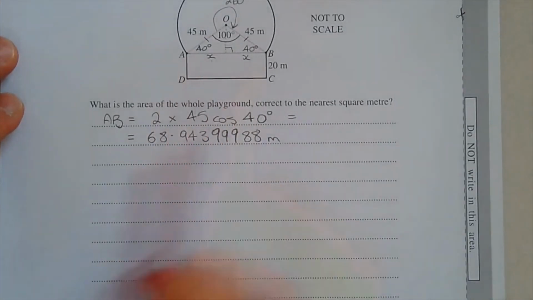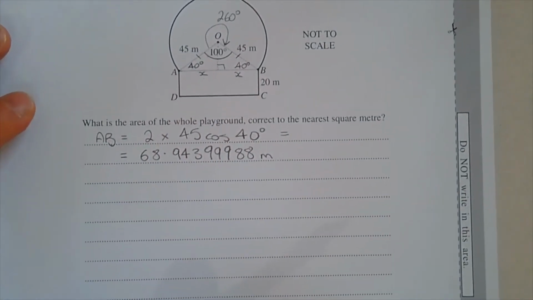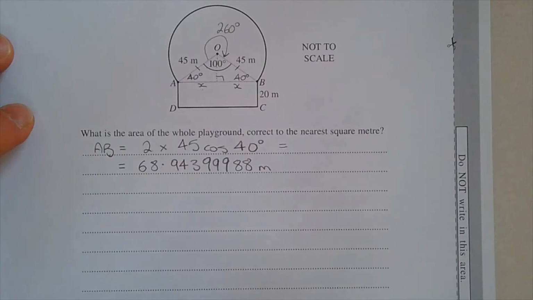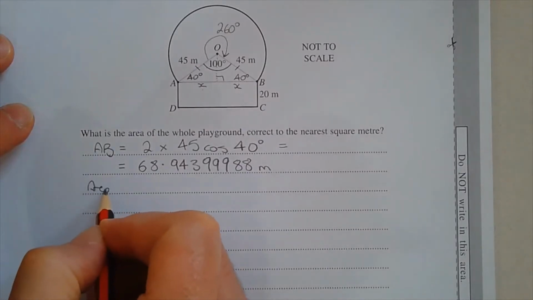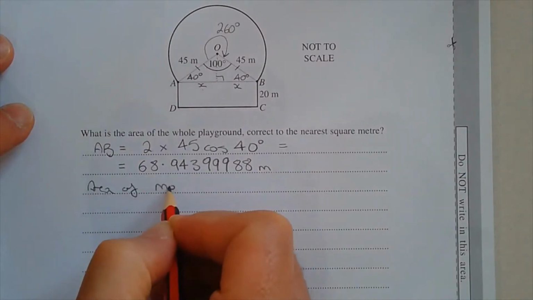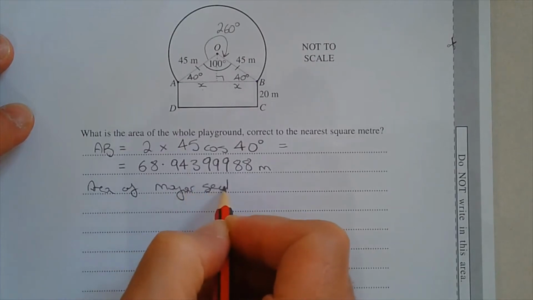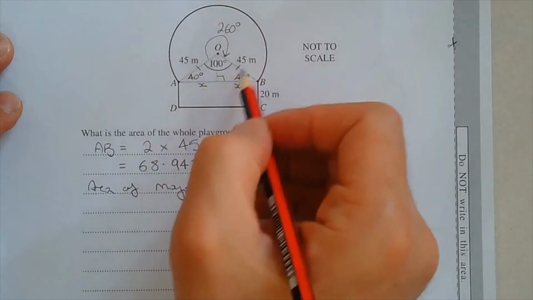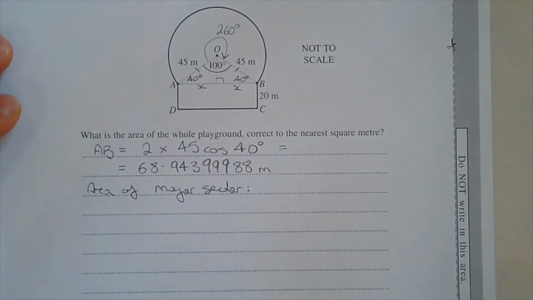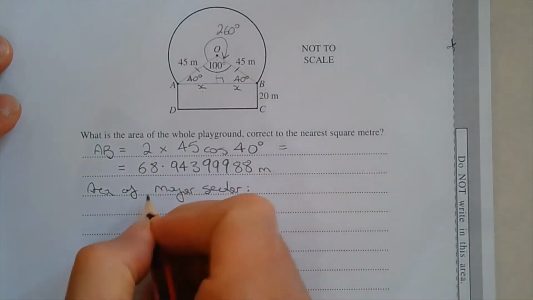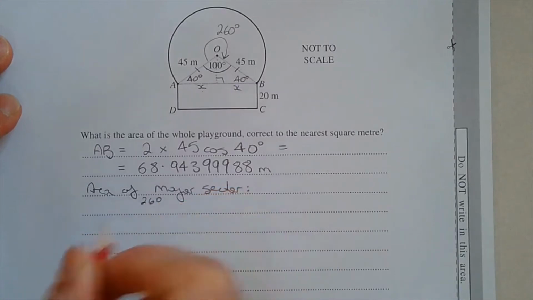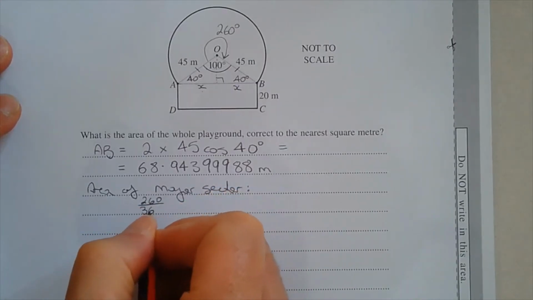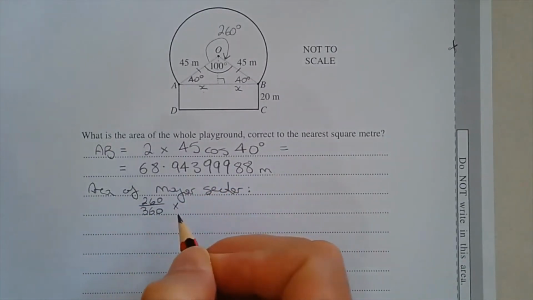Now that we have AB, we can proceed to answer the question. So area of major sector. The fraction of the circle that we have is 260 over 360, so 260 over 360 multiplied by pi r squared.